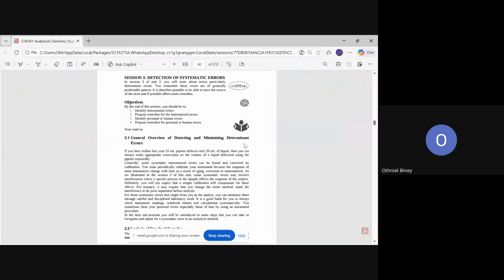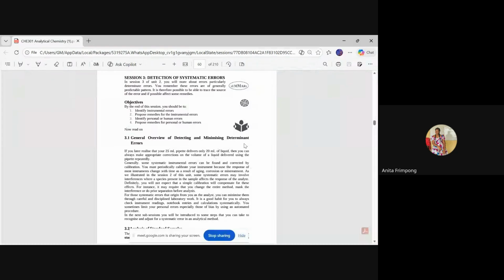You can continue. Detection of systematic errors. In session 3 of Unit 2, you will know more about errors, particularly determinate errors. You remember these errors are of generally predictable pattern. It is therefore possible to trace the source of the error and, if possible, effect some remedies.